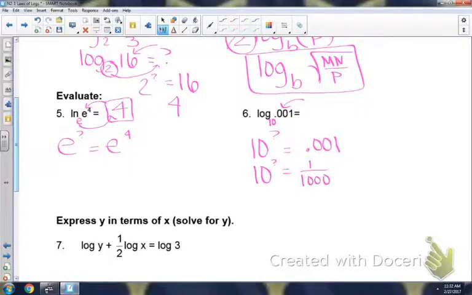So remember when we talked about last unit, if we're going from a whole number to a fraction, we know it's going to be negative. Cover up that top, and notice we're going from 10 to 1,000 if we cover the top up. So we would have to square it. 10 squared is 100, but 10 cubed gives us 1,000. So that would make it -3 in order for it to be 1 over 1,000 there.